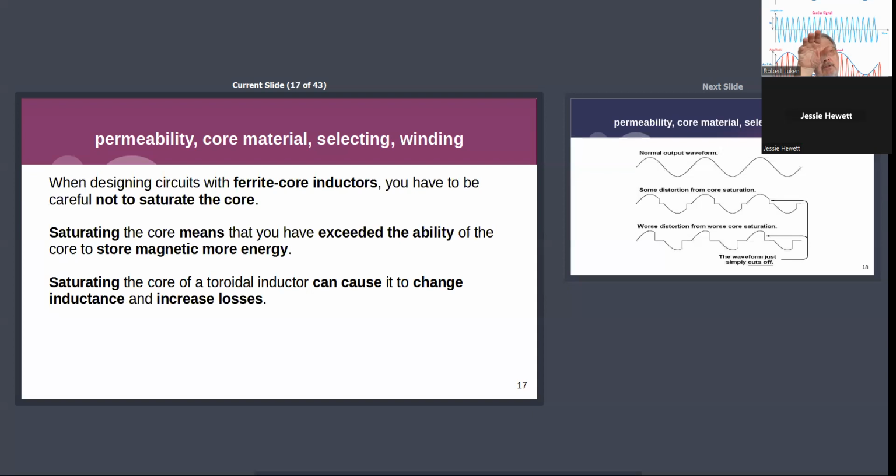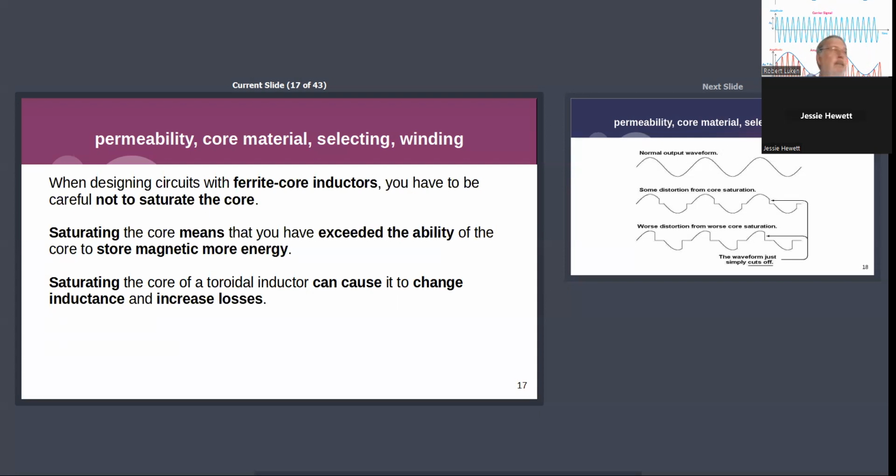At a certain point, when you start to saturate, the permeability just starts decreasing. So you no longer are increasing the magnetic field, which means since it's not changing as much, the field that you see on the output of a transformer decreases. So it no longer acts like a transformer at that point.